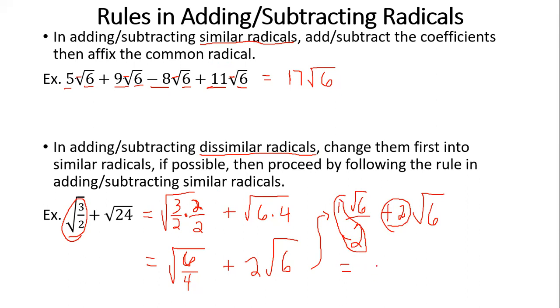Okay, so 1/2 plus 2, that will be equivalent to 2 and 1/2 square root of 6. Or that is equivalent to, so 2 times 2 is 4 plus 1, 5. So 5 square root of 6 divided by 2.